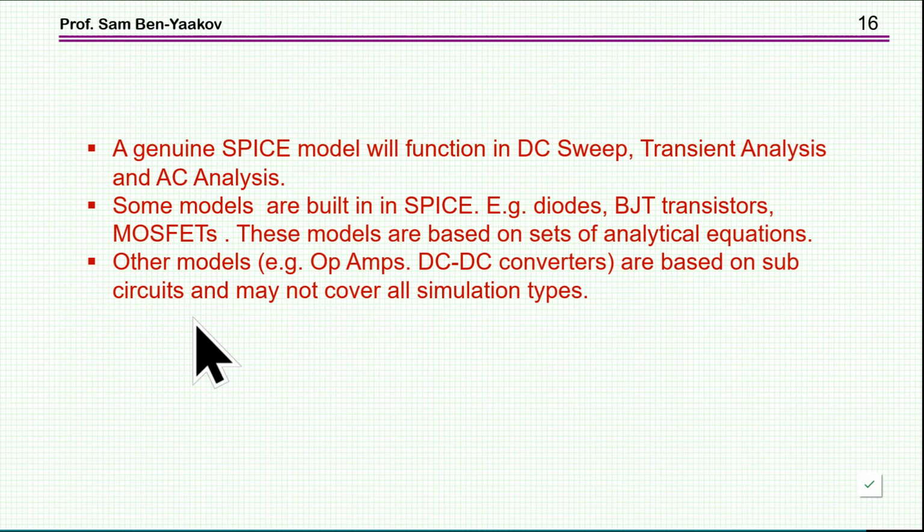There is an equivalent circuit which mimics the operation of the operational amplifier. Also, you can have a DC-DC converter and some other units, and there are libraries. LTspice has a library with many different units. We'll see it a little bit later.